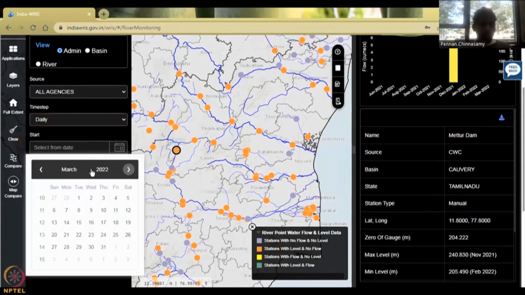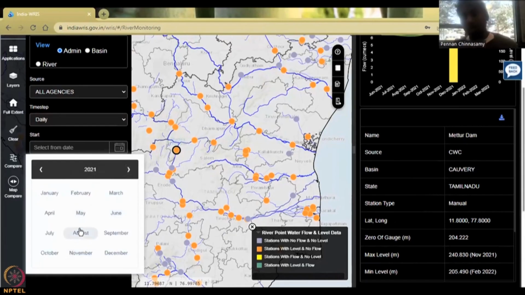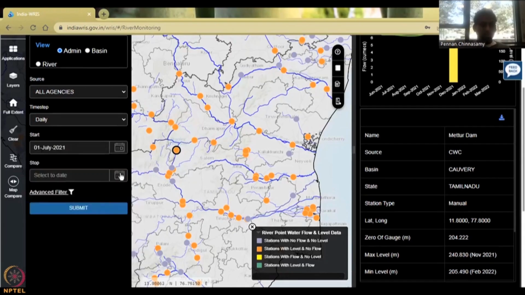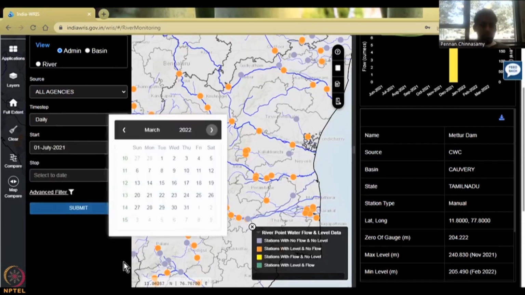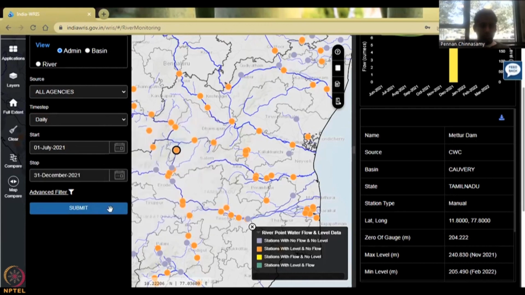Always go to a year which has had data, and pick a monsoon time also, so that data is coming. Otherwise, you'll see a lot of gaps, right? So let's say June 1 to December 31, 2021, so we capture both the monsoons. Submit.